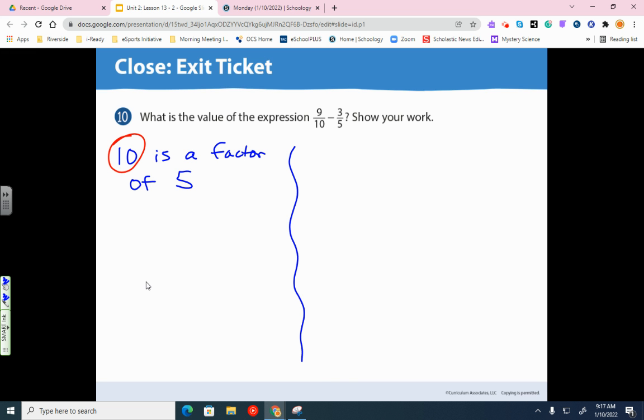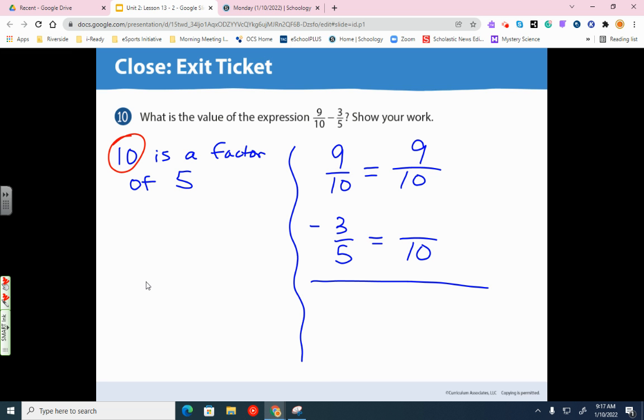If the bigger number is a factor of the smaller, then that's the one you want. So 9/10 minus 3/5. If 10 is the common denominator, we don't change anything here. And for this, so 9/10 minus 6/10, that gives us 3/10 is our answer.